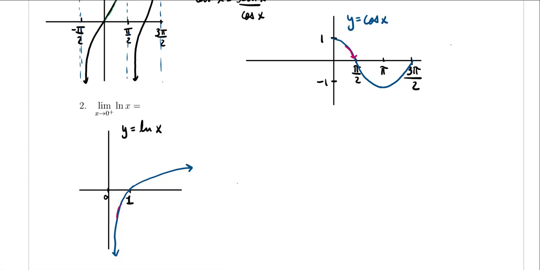If we follow the graph, we trace it, we see that we're heading all the way down to negative infinity. So the limit as x approaches 0 from the right for the natural log function is negative infinity. Alrighty, so this concludes our lecture on infinite limits.